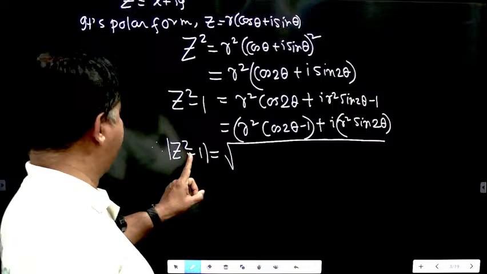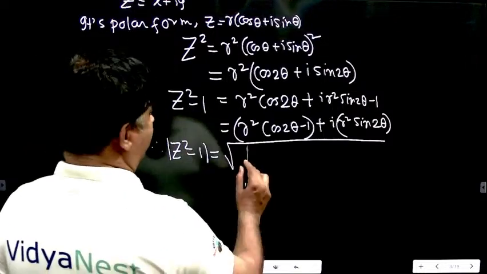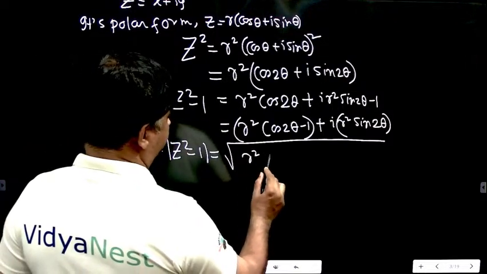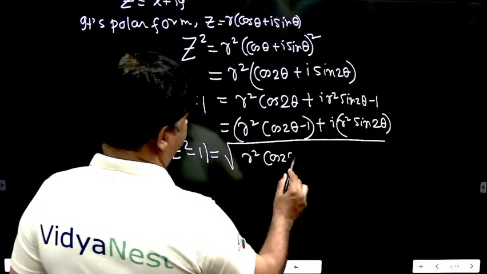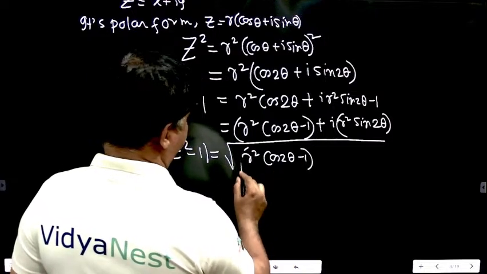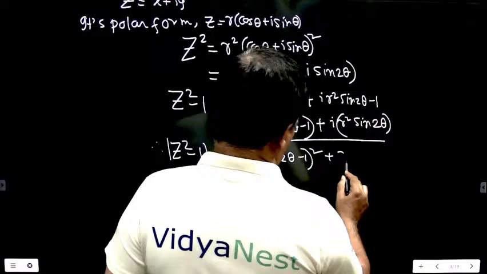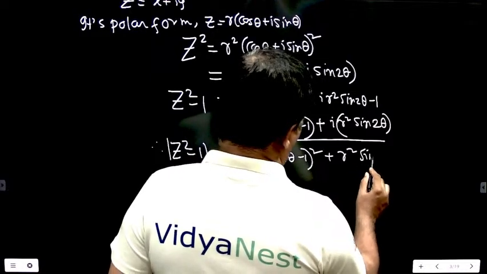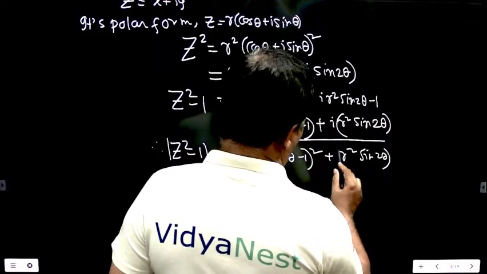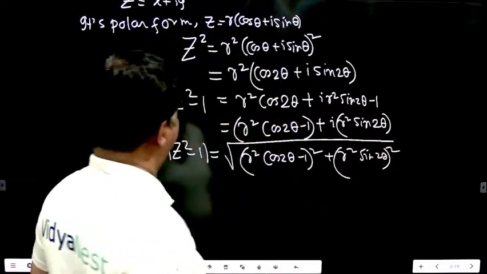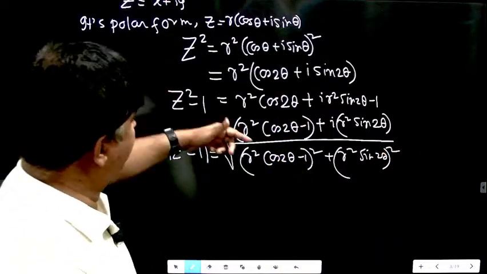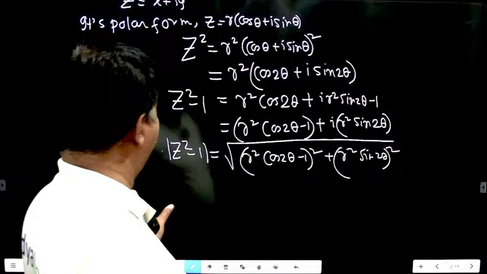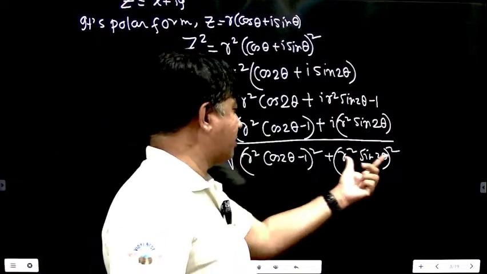Mod of Z square minus 1, that is what? We know if Z square minus 1 is a complex number, its magnitude is root of x square plus y square.